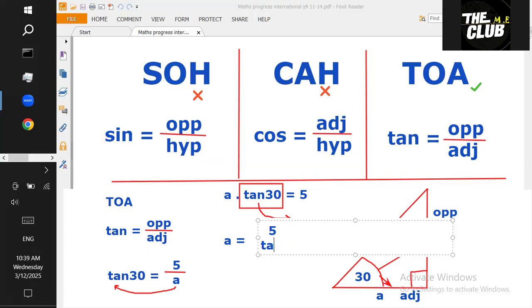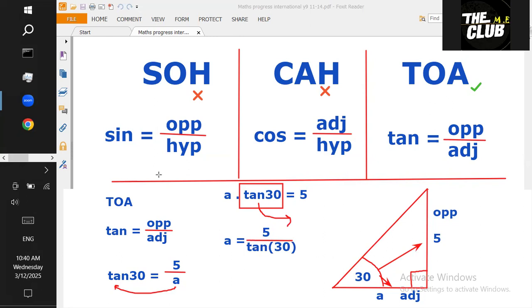Focus on the steps and focus on the numbers. Now, sometimes in the calculator, they will ask you for brackets, so you have to close them like this. So as we said, A equals 5 divided by tan 30.